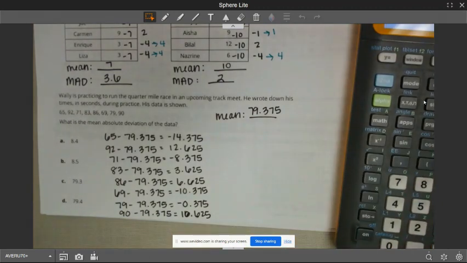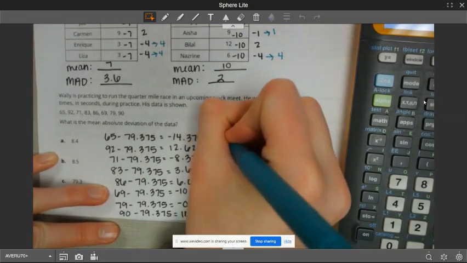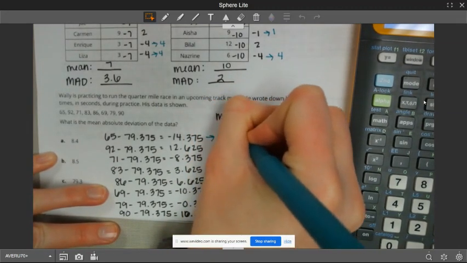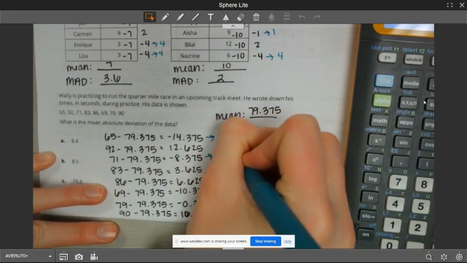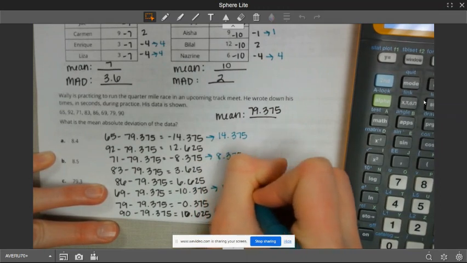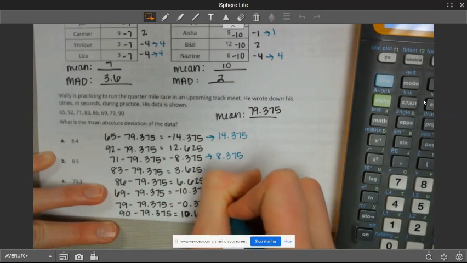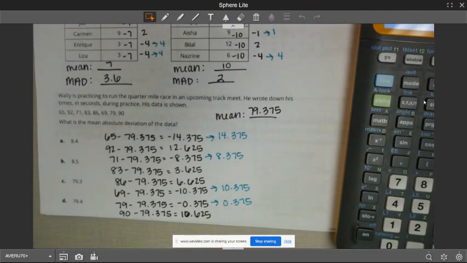Again, I'm going to make all of these deviations positive if they are not already. So this negative 14.375 becomes positive. Same thing with the negative 8, and the negative 10, and the 0.375.